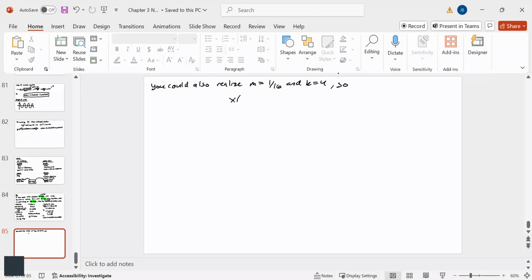So x of t is equal to c1 cosine square root of 4 over 1 over 16 t plus c2 sine square root of 4 over 1 over 16 t, and then x of t is equal to c1 cosine 8t.